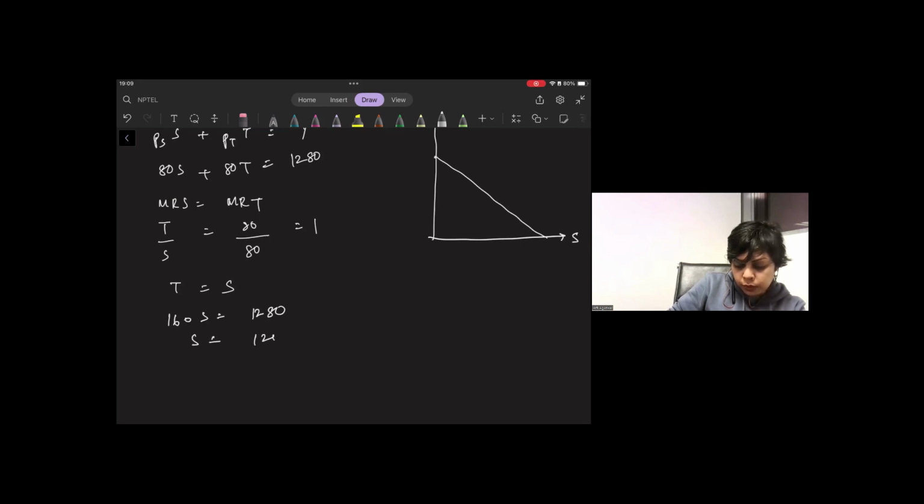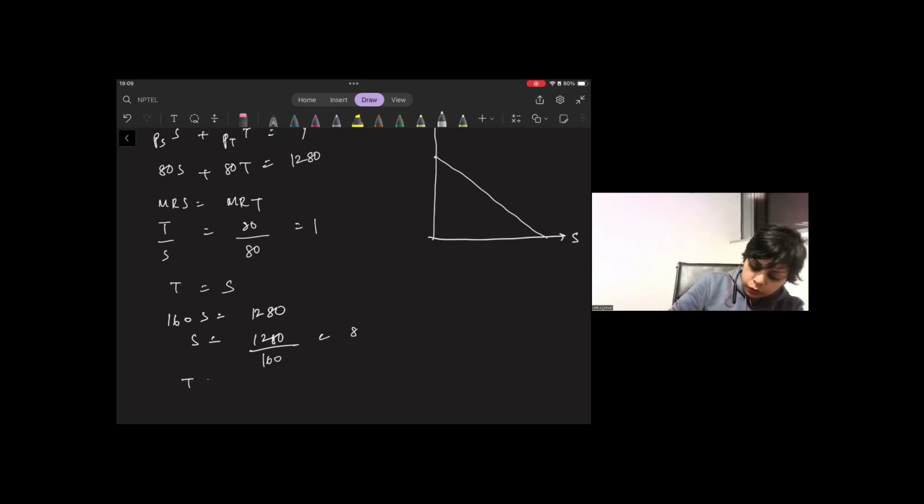S is equal to, you solve this, most probably you will get 8 or something, right? Let me just confirm. Yeah, so you'll get this as 8.